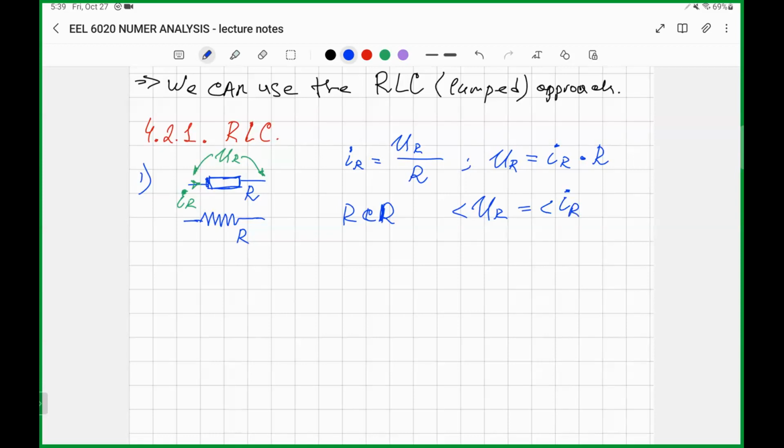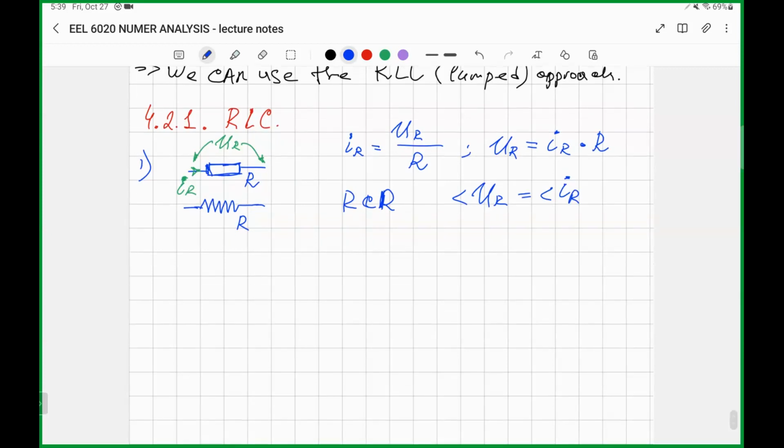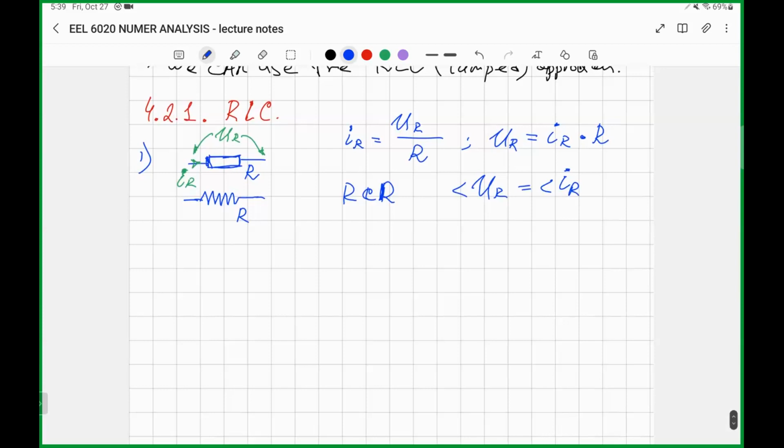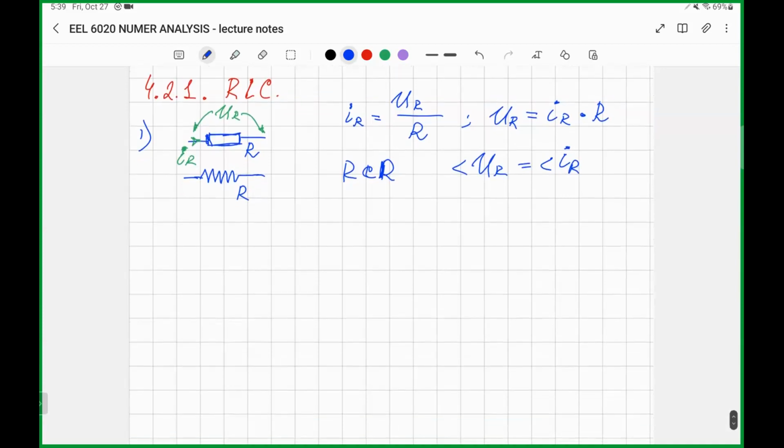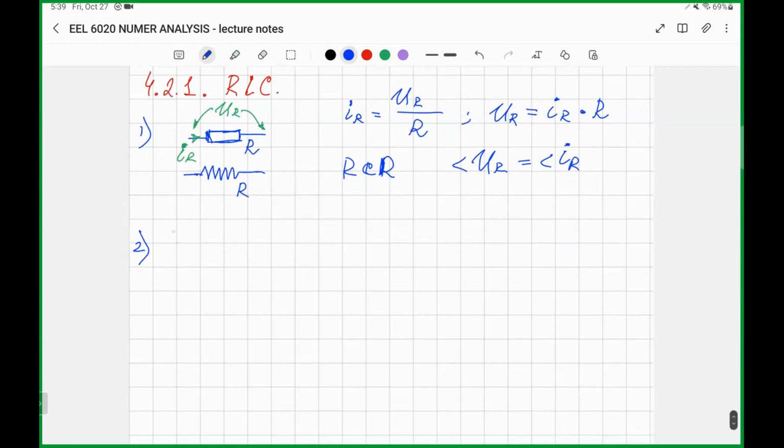So no phase change, no phase delay. So this is the resistance. We already all know about all this. Let me discuss the inductor next.